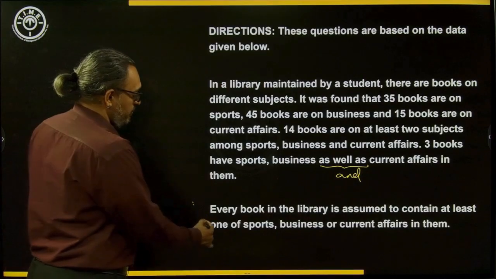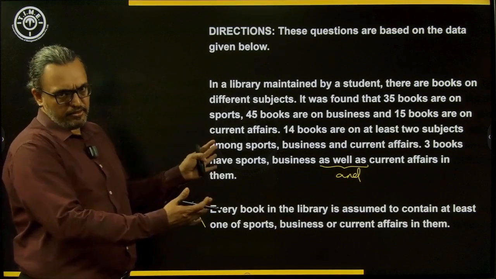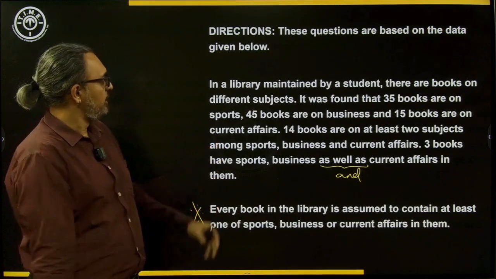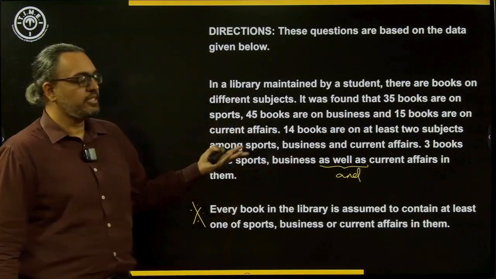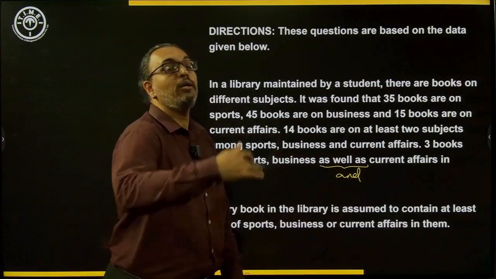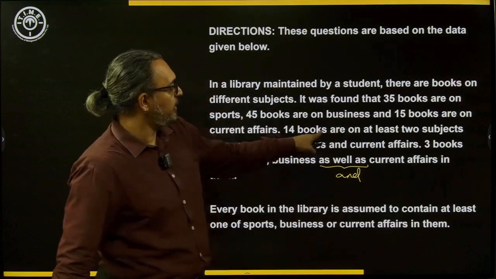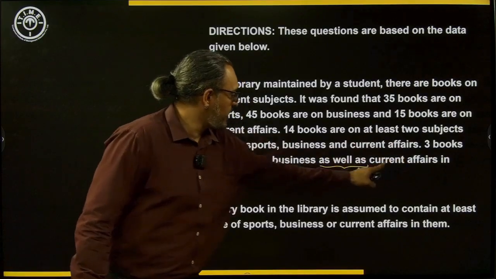Now the last part of the information is very important. So there are 3 sets basically. Sports is set A, business is set B, and current affairs is set C. Then at least 2 means minimum 2, 2 and more than 2. Exactly 2 plus exactly 3 is given as 14. Correct? And then 3 books are there for all the 3.